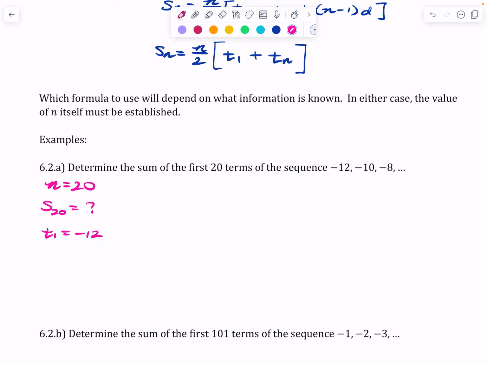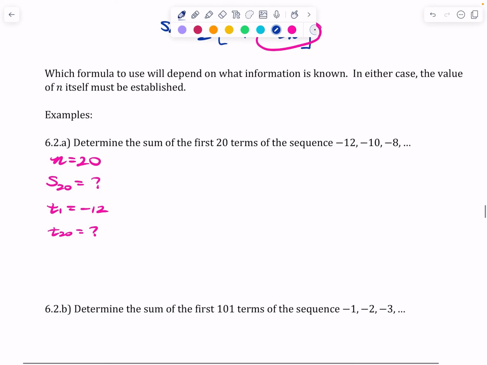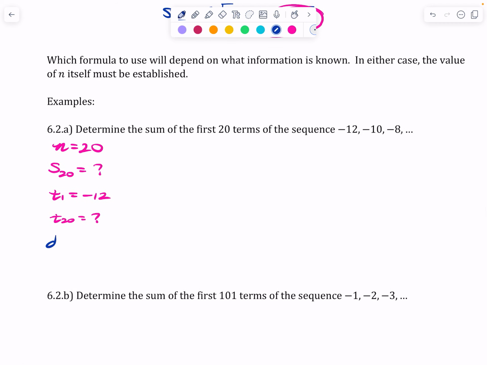I don't know what the 20th term is, so I can't directly use the formula we have just above these examples, because I need that nth term. But I could pretty easily find the difference. And that one would actually have to be shown.